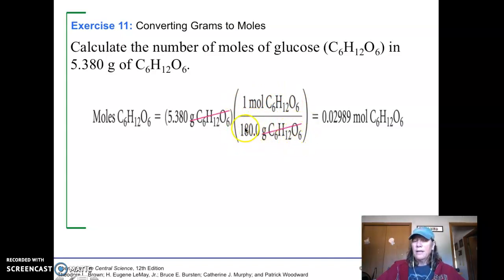This is the mass, and this is the number you can get from using that app on your phone. All I'm going to do is divide this by this, and I get this. So 5.38 grams of C6H12O6 is 0.03 moles, if you want to round. I'm just converting from one unit to another.